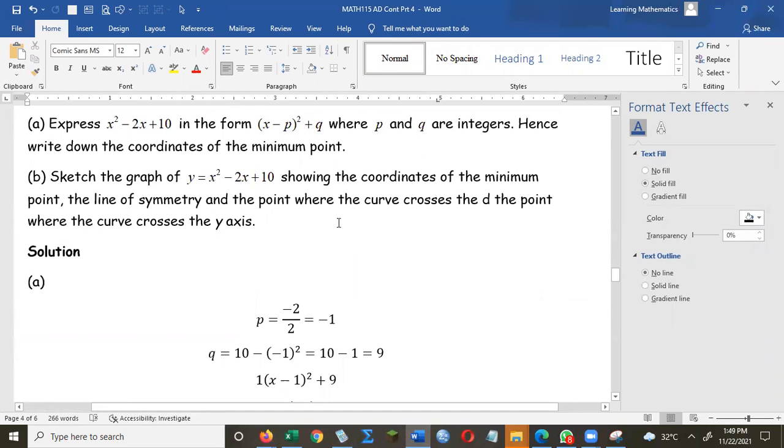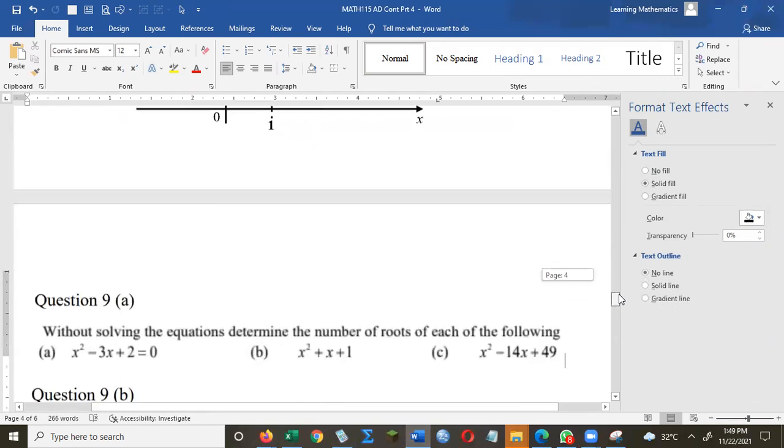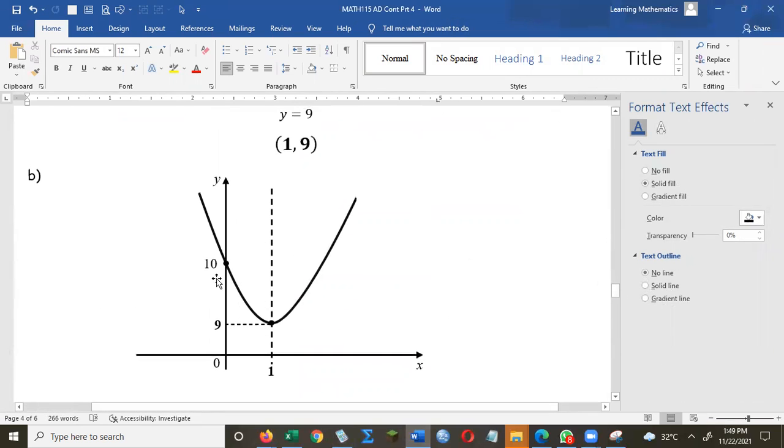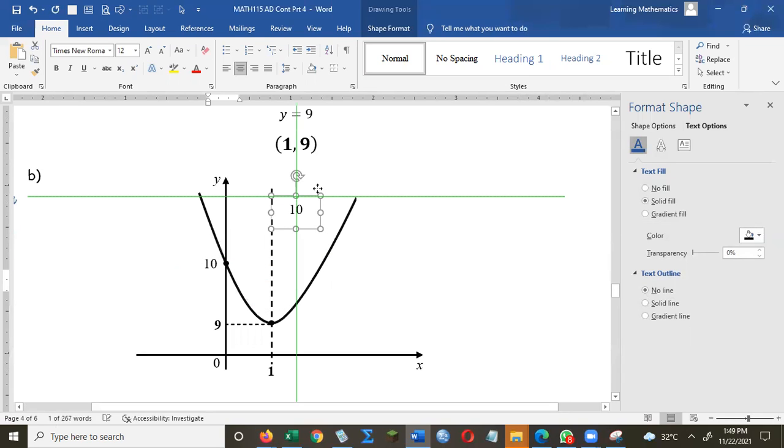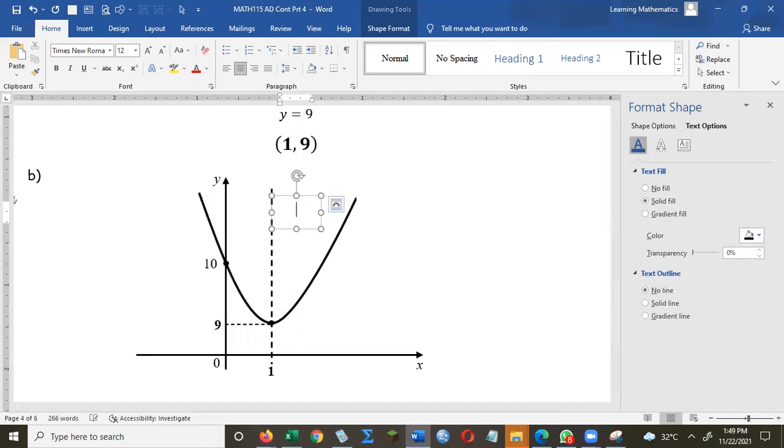The line of symmetry. Here is the line of symmetry. And by the way, the equation for the line of symmetry always starts with x. X equals, can anybody tell me x equals what?